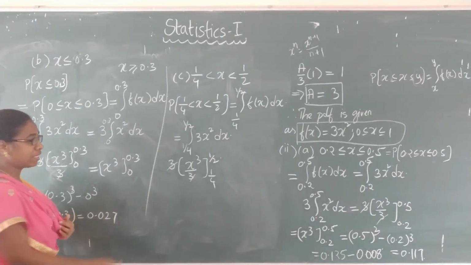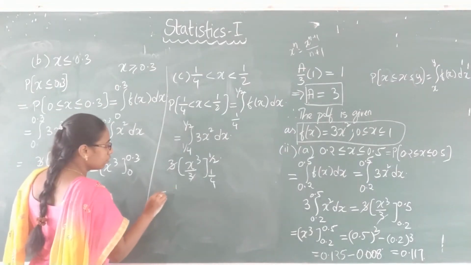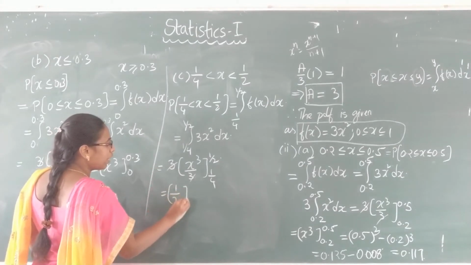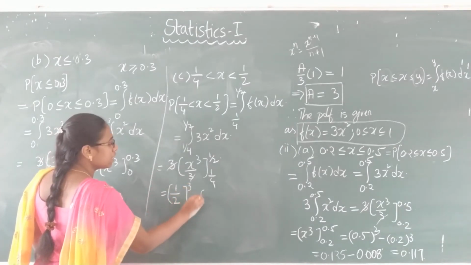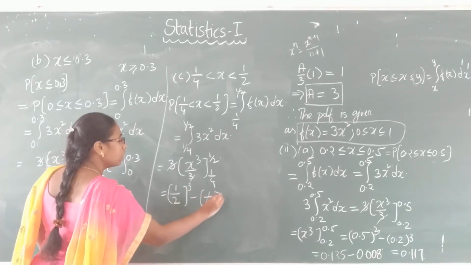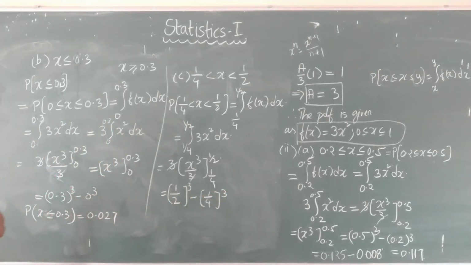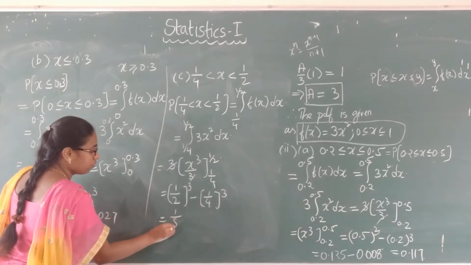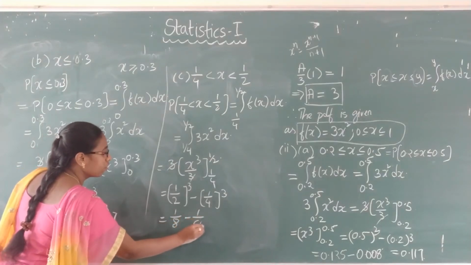Substitute the limits. So the upper limit is 1 by 2. So 1 by 2 cube minus 1 by 4 cube. What is 1 by 2 cube? 1 by 8, minus 1 by 4 cube, which is 4 4s are 16, 16 4s are 64. So 1 by 8 minus 1 by 64.